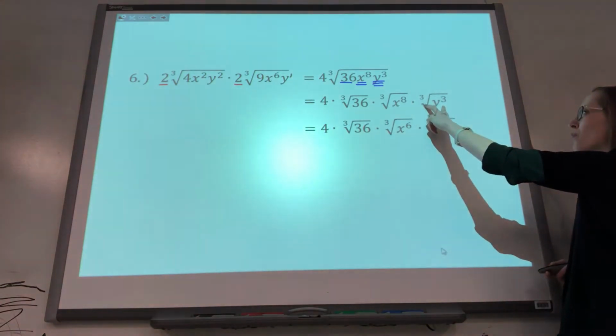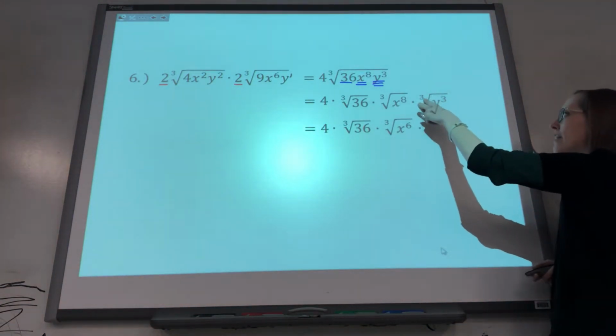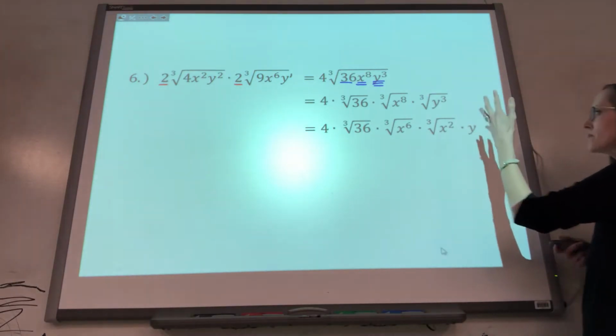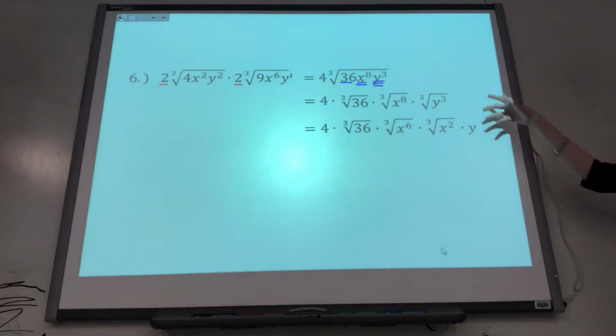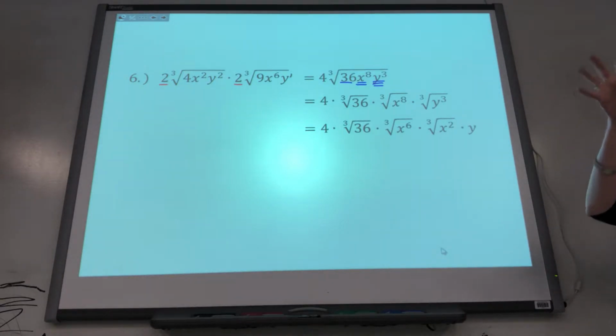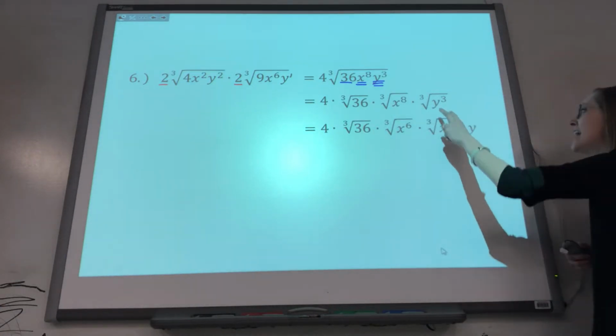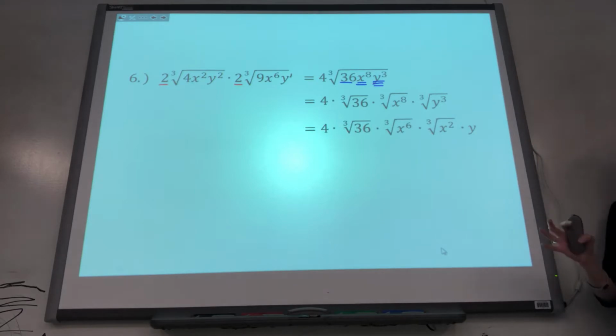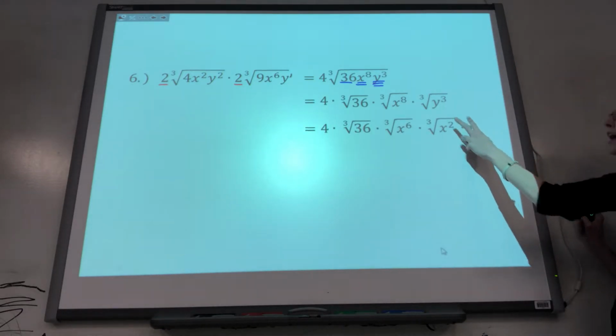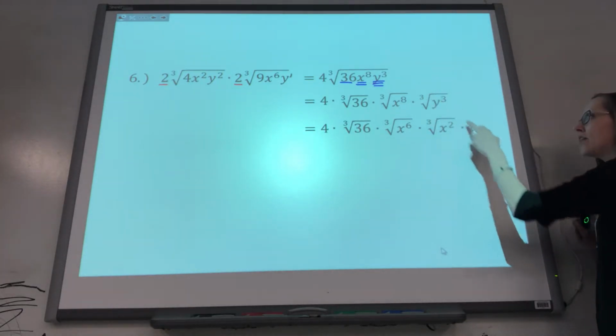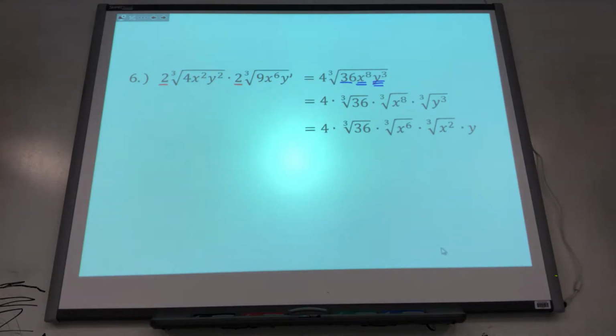And then this part works out just fine. 3 divided by 3 is 1. Now, I see a lot of times students will get problems wrong because they leave the square root around something that shouldn't have a square root anymore, or a cube root in this case. The y does not have a cube root anymore because you worked it out nicely. It's just y to the 1st, or just y.